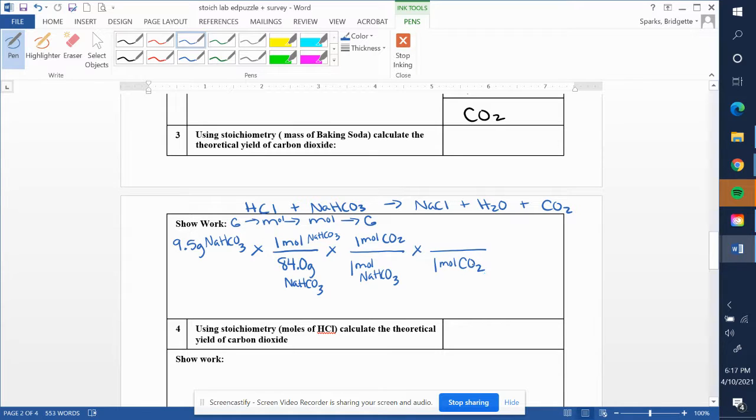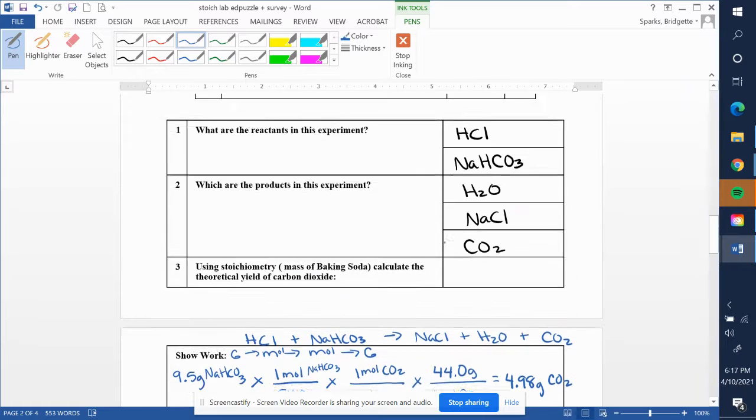That's 1 carbon plus 2 oxygens, which happens to have a mass of 44.0 grams. And that, when we simplify, which is basically 9.5 divided by 84 multiplied by 44.0, will give us 4.98 grams of carbon dioxide that should have been made.